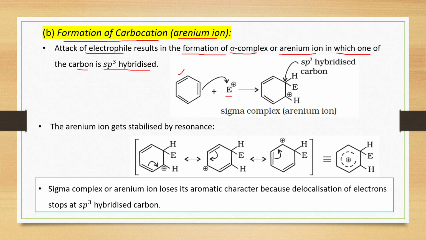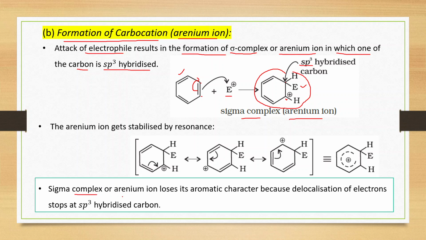So you can say in the presence of the electrophile, if the pi bond electrons go to this carbon, it becomes negatively charged, so this E electrophile will attack on this carbon, and this carbon will acquire the positive charge. So this carbon becomes sp3 hybridized carbon, and this complex is known as sigma complex or arenium ion.